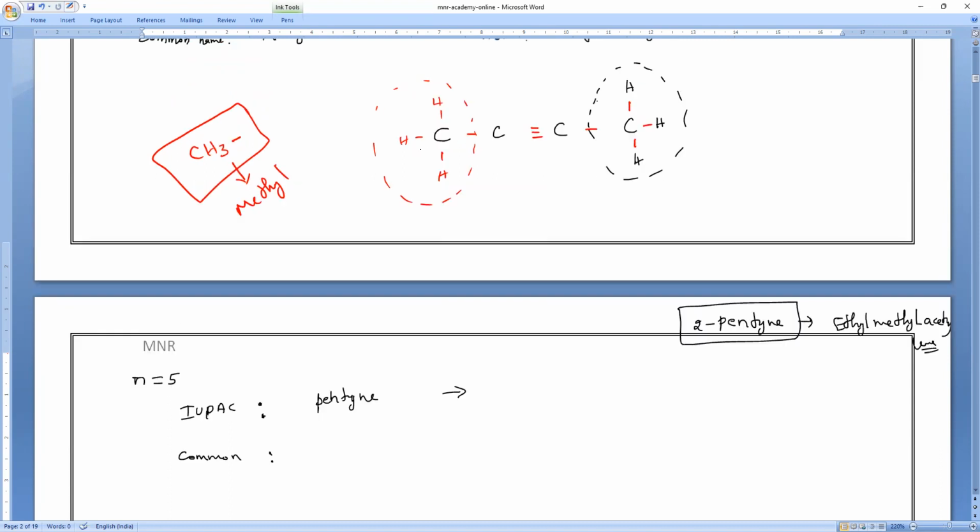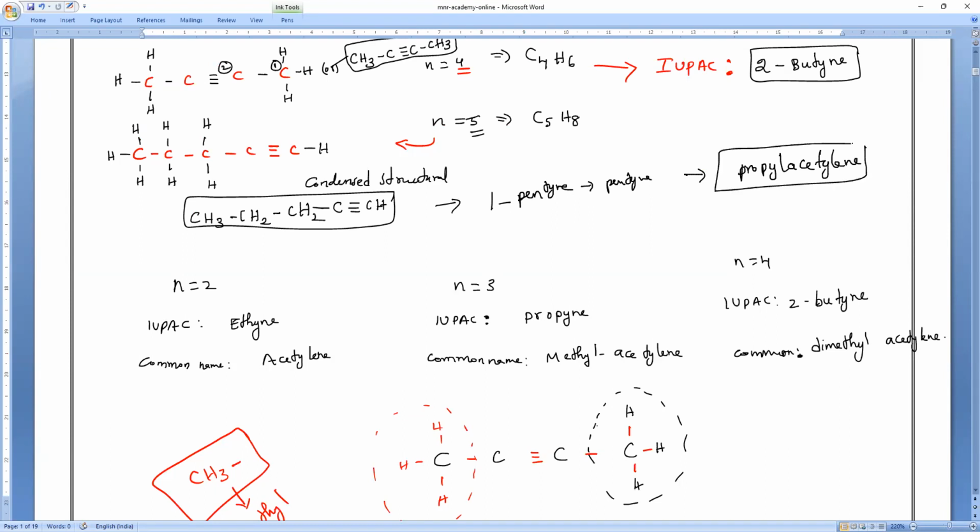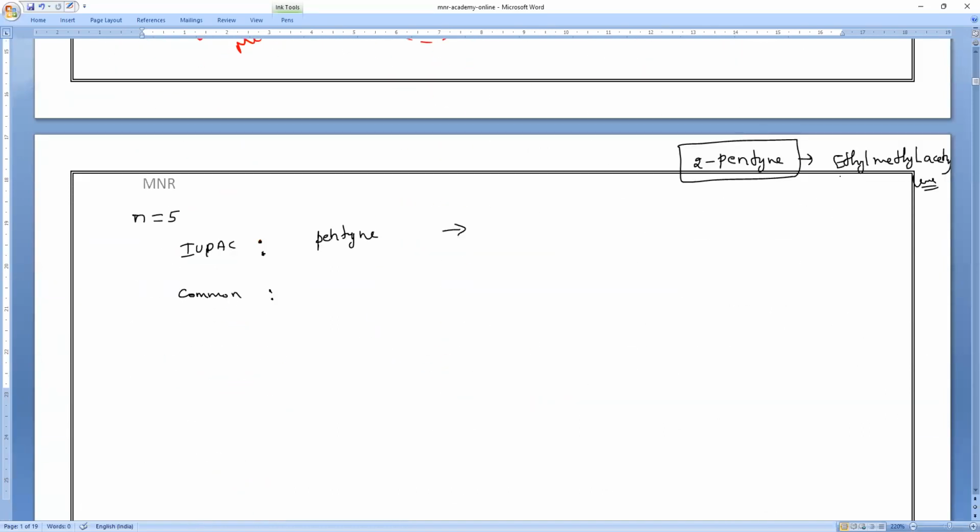The standard structure we have drawn here has the triple bond at the first carbon, so we call it 1-pentyne, or simply pentyne. Both are the same. The common name, note it everybody, is propyl acetylene. This is the common name where the triple bond is at the first carbon. If the triple bond is at the second carbon, then it is ethyl methyl acetylene. Please change it.